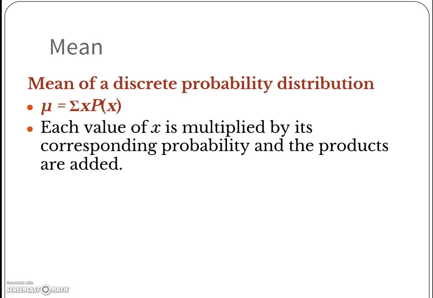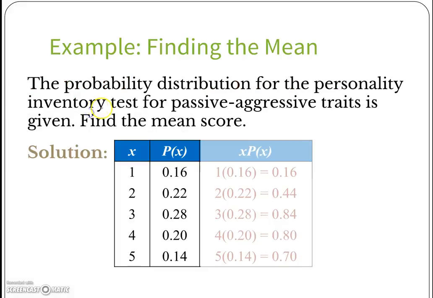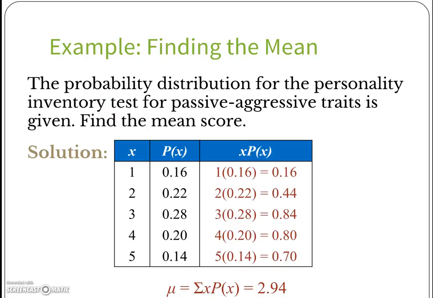So here we're going to find the mean of a probability distribution, and the mean is the sum of all the x times the probability of x. So we had our table, we had the first row with the x's, and the second row is the probabilities, and we're just going to multiply all of the x's and the p of x's, and we're going to find the sum. So for this particular example, for the personality inventory test, we had the 1 and the 0.16.